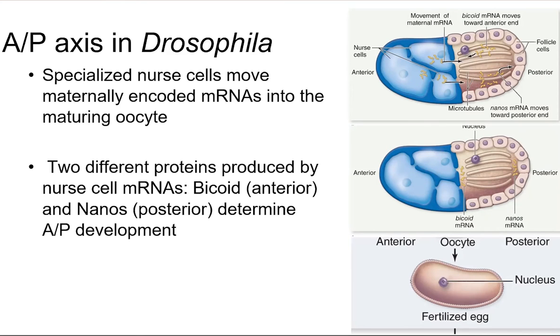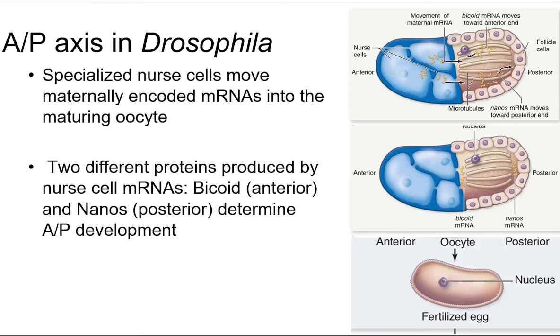Two of these maternal mRNAs, bicoid and nanos, are transported to different regions of the developing egg. Bicoid and nanos are morphogens, which means that a non-uniform distribution or concentration gradient of the protein products of these two genes governs tissue development patterns. These transcripts are involved in determining the anterior-posterior axis of the fruit fly.